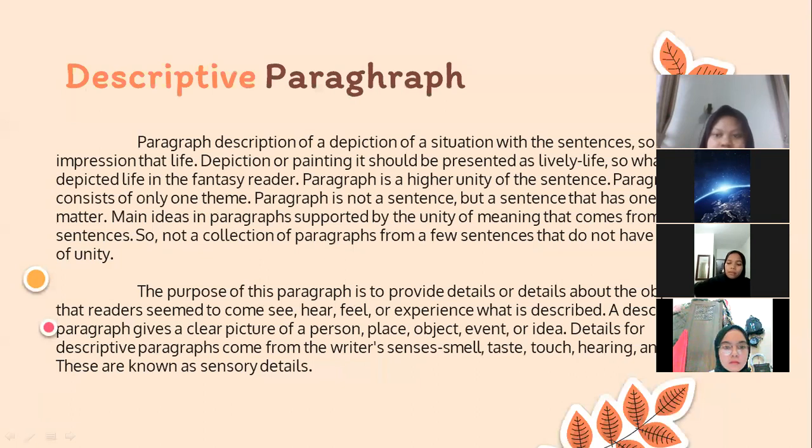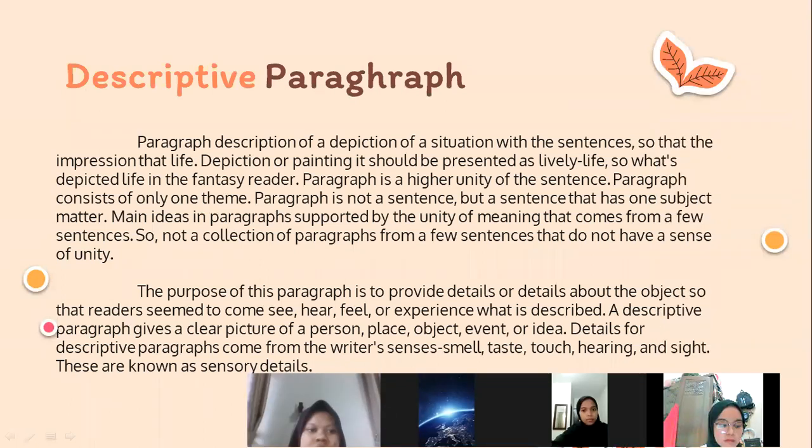Descriptive paragraph. A paragraph is a description, a depiction of a situation with sentences so that it gives the impression of life. A depiction or painting should be presented as lively and lifelike, so what is depicted comes alive in the reader's fantasy. A paragraph is a higher unity of sentences. A paragraph consists of only one theme. A paragraph is not just a sentence, but sentences that have one subject matter.